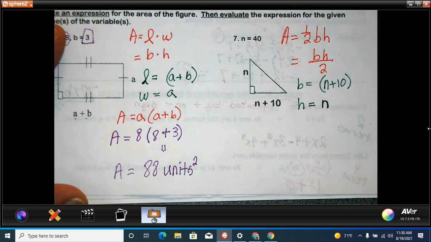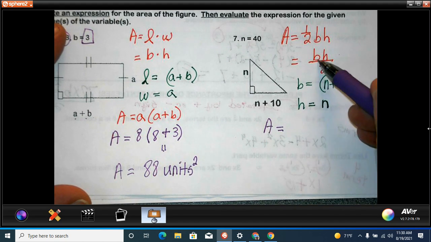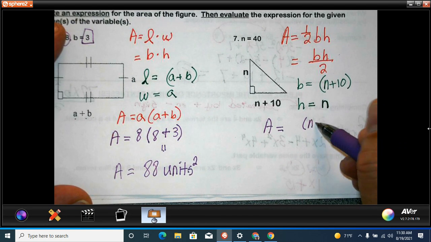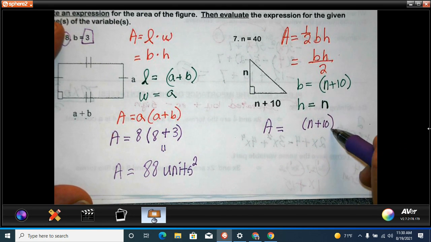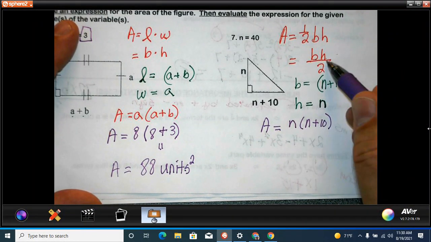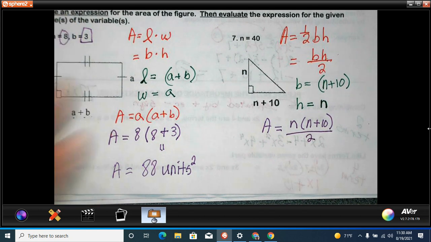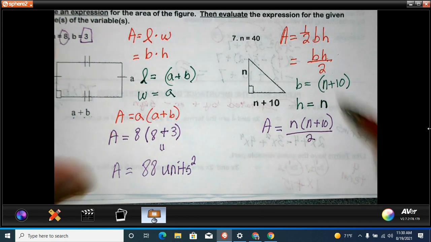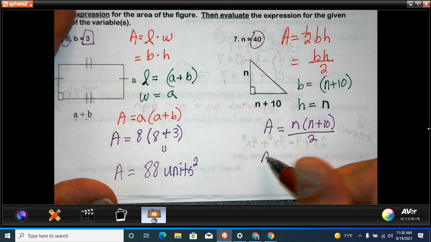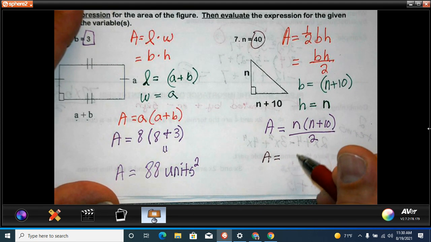So my area is going to equal base times height, base n plus 10 times my height, n, all divided by 2. Okay, my n is 40. Again, this is relatively simple, so I'm not going to rewrite everything in parentheses.